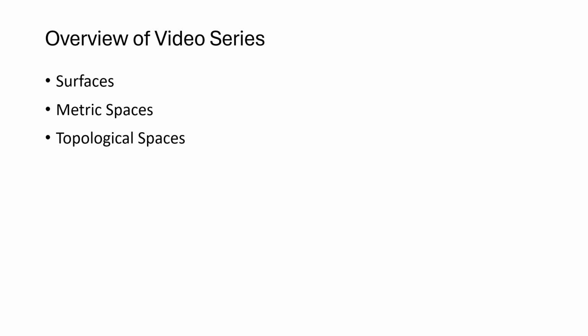In terms of an overview of this video series, we started with surfaces, and that's pretty much what we were talking about in this video, and we'll do a few more videos on those. Then we'll follow that up with a series of videos on something called a metric space, which is a sort of prelude to a topological space. It's a simpler concept, and I thought I would do that first.